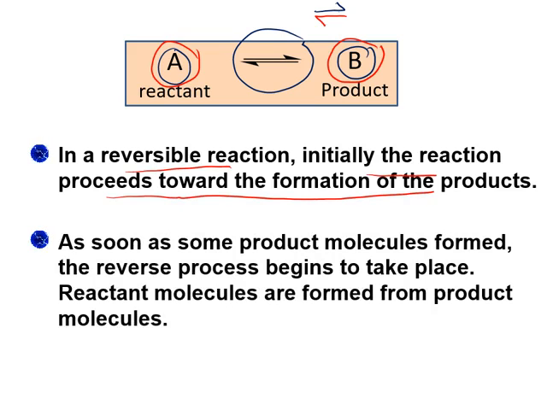As soon as some product molecules form, the reverse process begins to take place. Reactant molecules are formed from product molecules. Maksudnya produk yang akan bentuk reactant bila B dah terbentuk daripada first reaction.